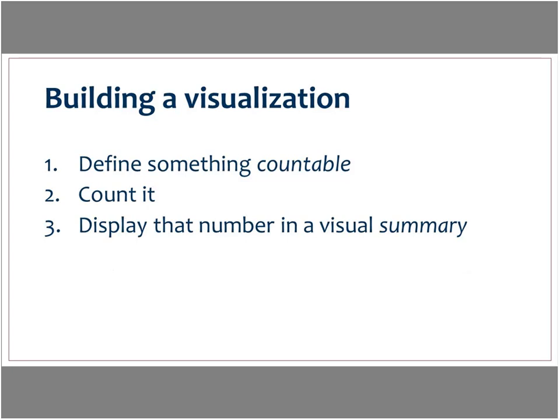It's not something easily countable, unless I were to iterate through every single item individually. So once we define something countable, we count it, and then finally we display that number as a visual summary. And again, that's the interesting, useful part of this. We have a visual summary that gives us some sense of the gestalt of what's going on with our search before we even dig into individual items.